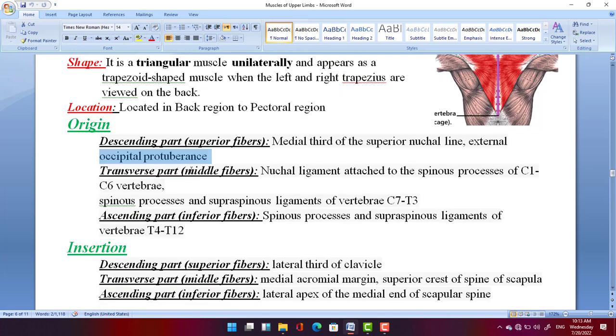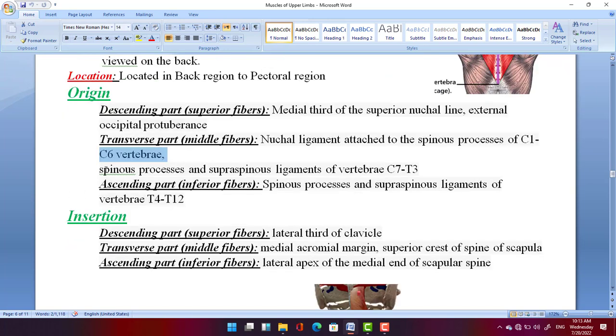The transverse fibers, or middle part of this muscle, take origin from the nuchal ligament attached to the spinous process of C1 to C6 vertebrae, and the spinous process and the supraspinous ligament of vertebra C7 to T3. So the middle part takes its origin from many points from C7 to T3 vertebra.